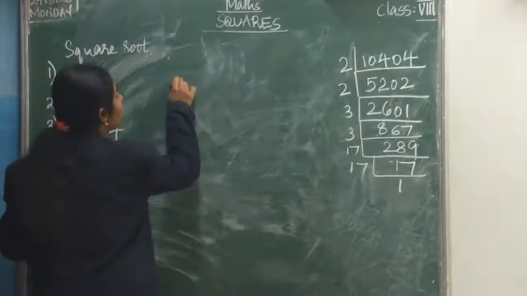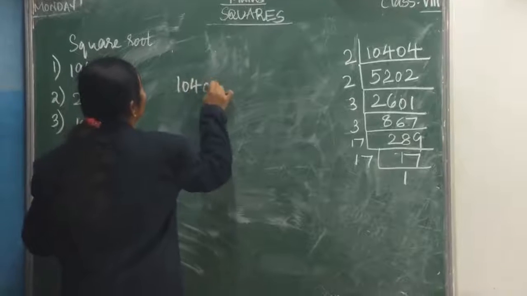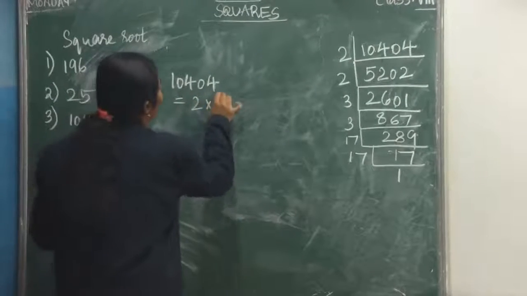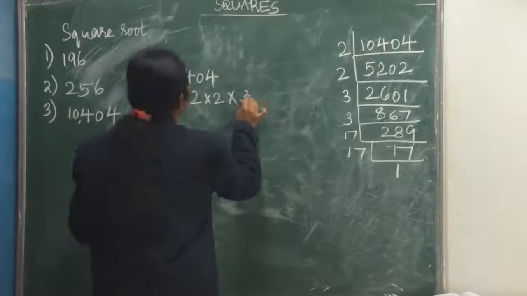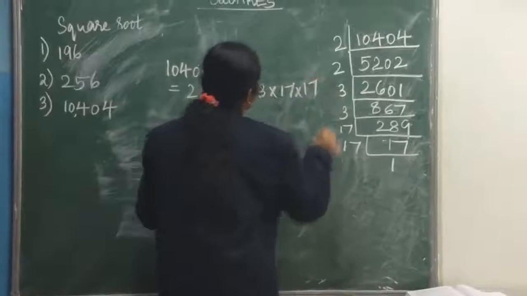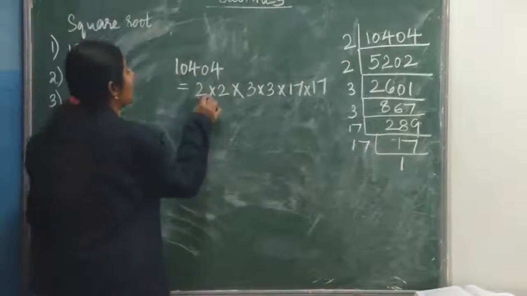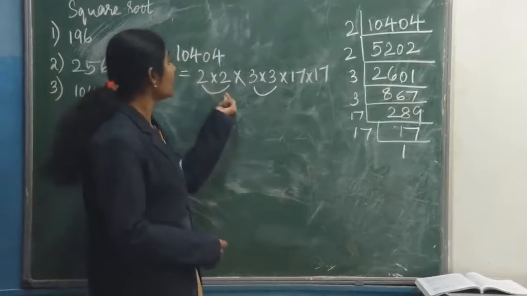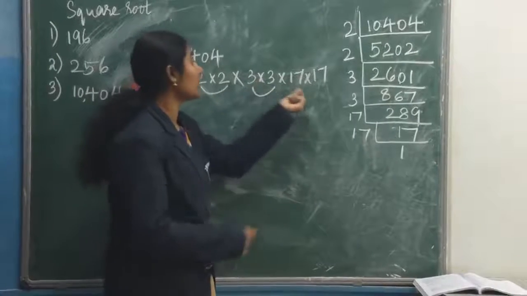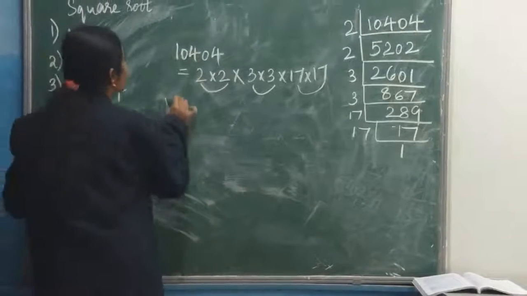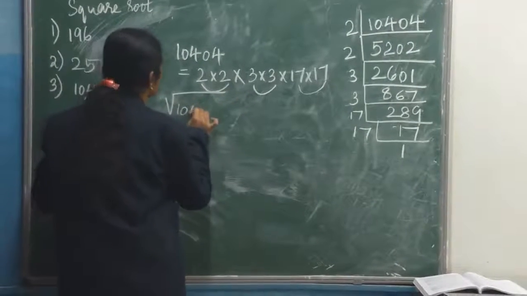So what is the final answer? You will get 10,404. You can write it as 2 multiplied by 2, 3 multiplied by 3, 17 multiplied by 17. See each pair. 2 is coming 2 times, 3 is coming 2 times, and 17 is coming 2 times. So then what is the square root of that?